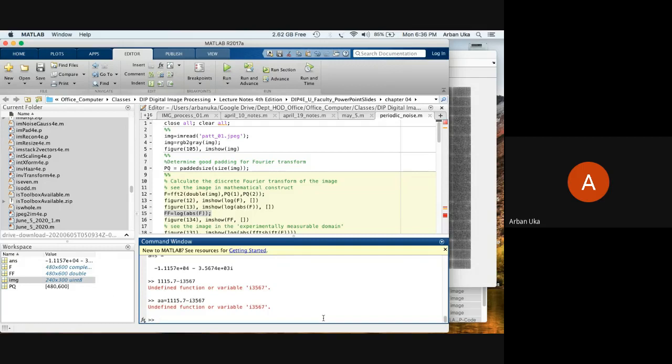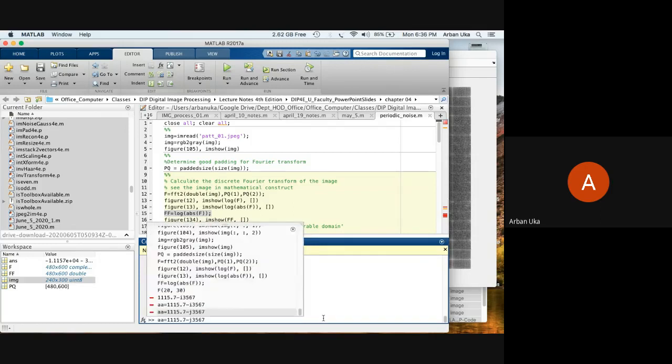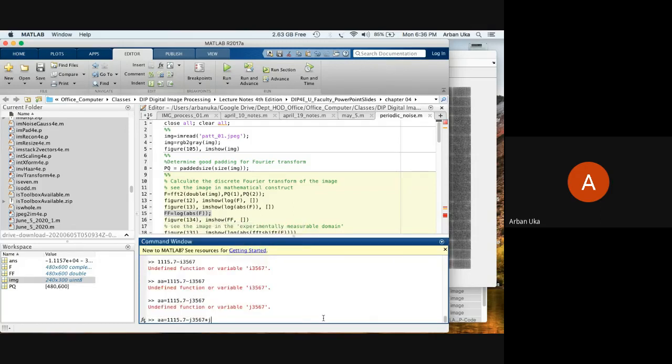Maybe I need to write this with J to denote it. Okay, we got a complex number, which is here AA.